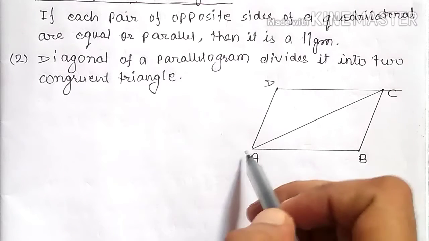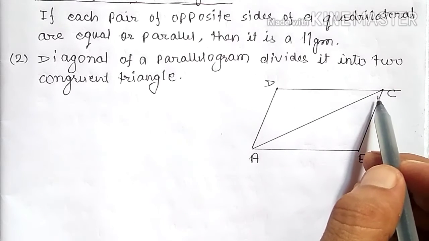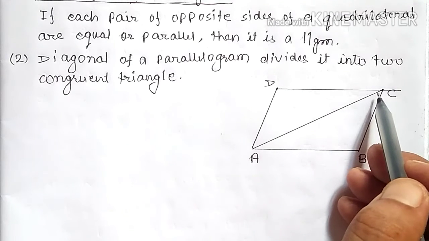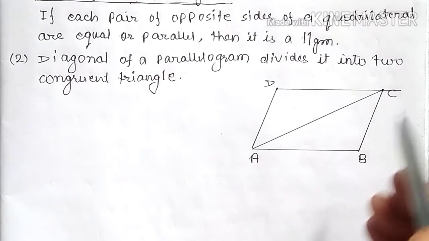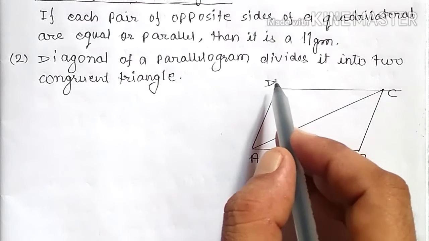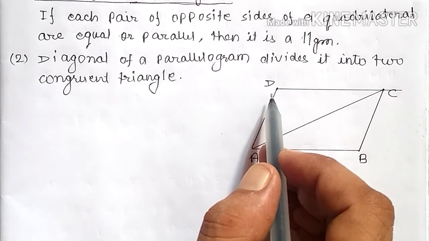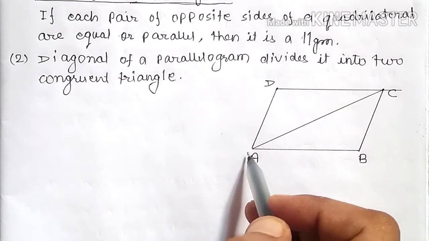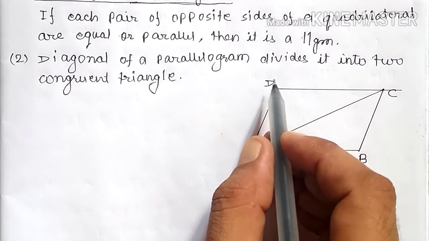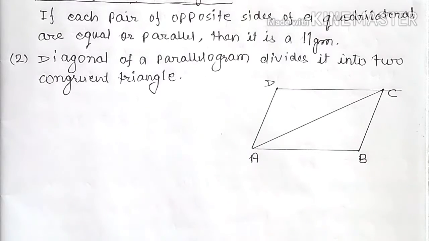In this figure AC is one diagonal of the parallelogram ABCD and BD is the other diagonal. So we want to prove it.